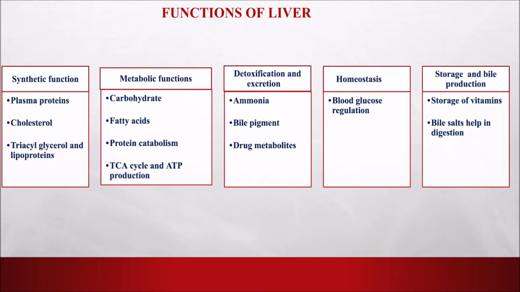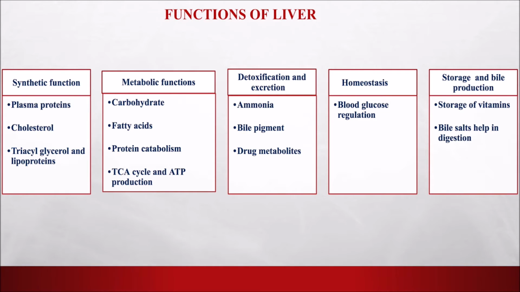The liver also plays an important role in maintaining homeostasis, as reflected by the blood glucose metabolism. The liver is also a storage site for vitamins, and it is also the site for bile production. Bile is important for the emulsification of fats.